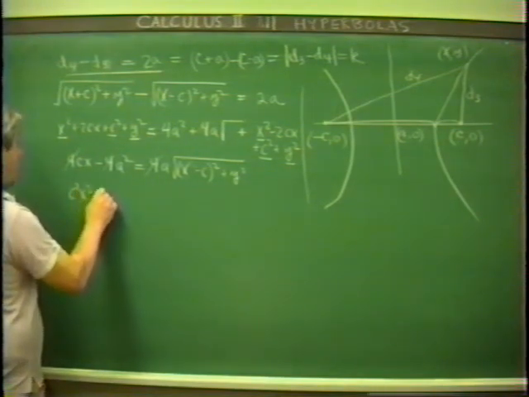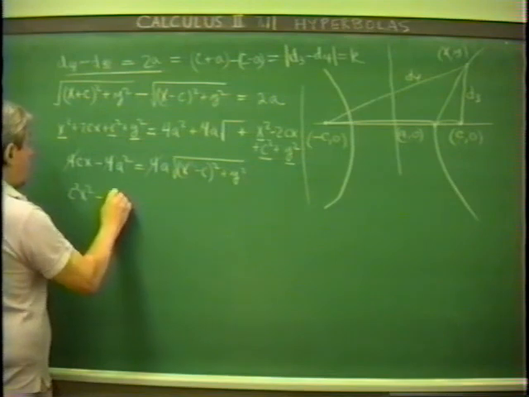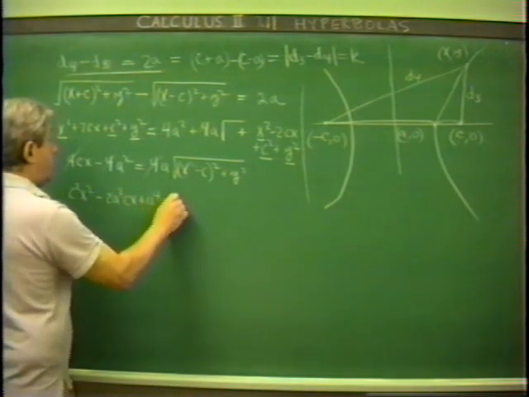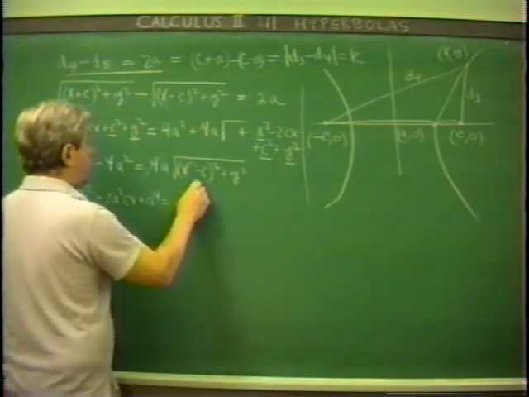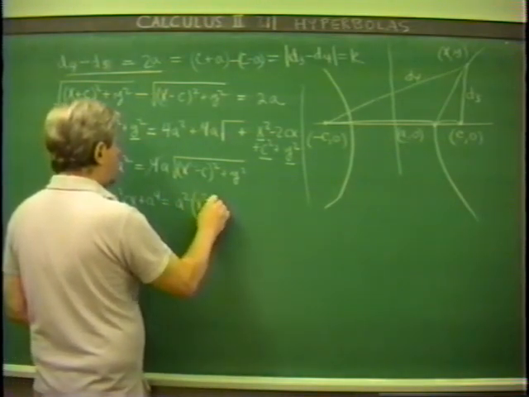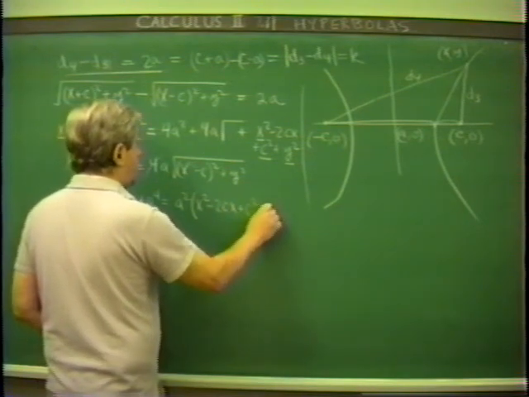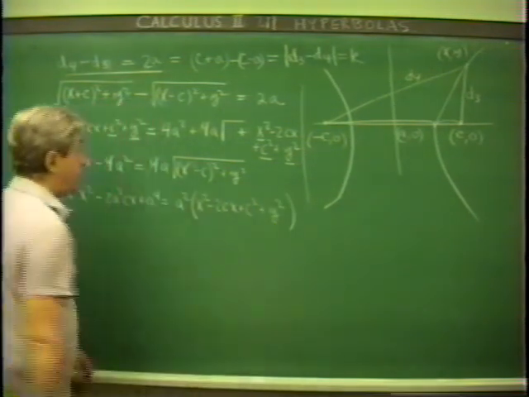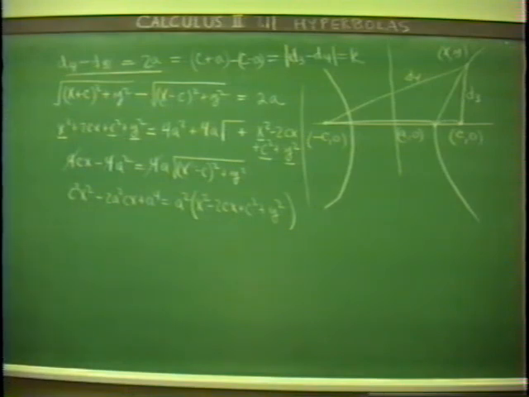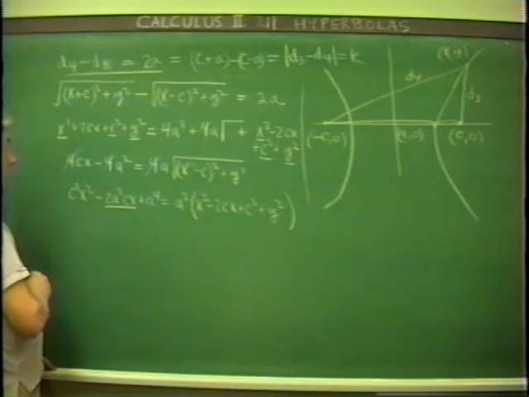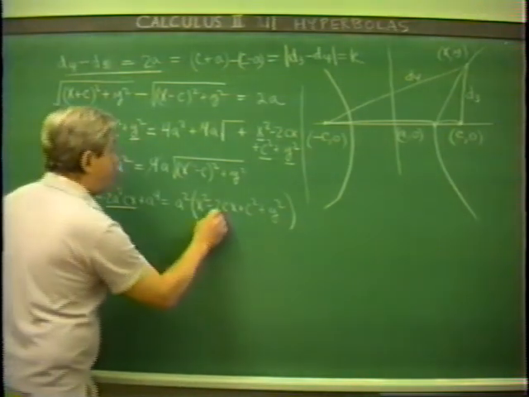We can cancel the 4's throughout here. We want to square both sides again. In which case we're going to get c squared x squared minus 2a squared cx plus a to the 4th is equal to a squared times x squared minus 2cx plus c squared plus y squared.